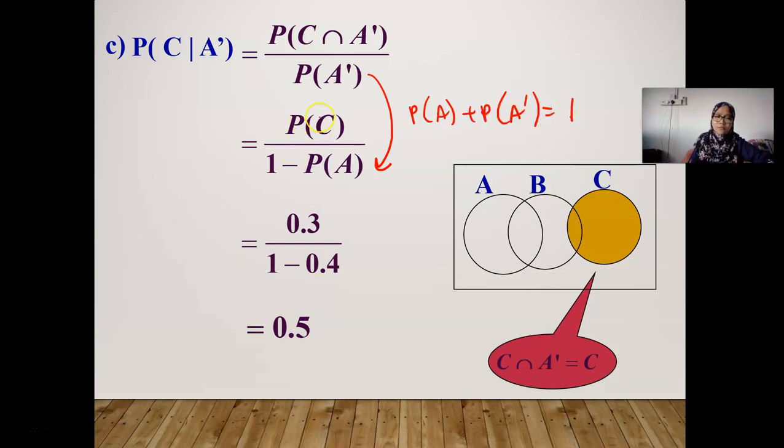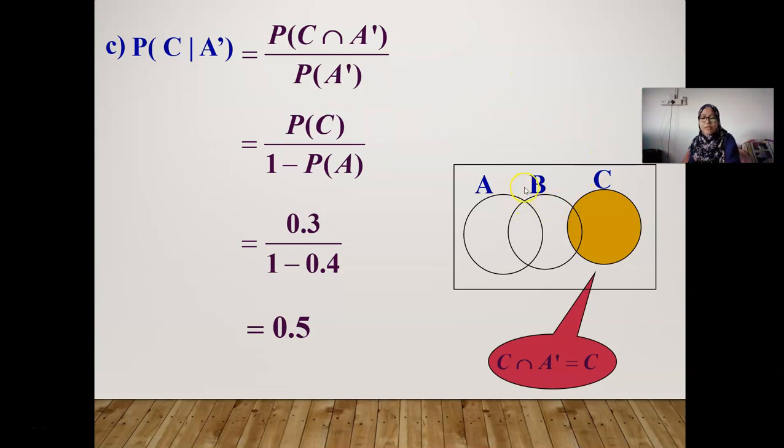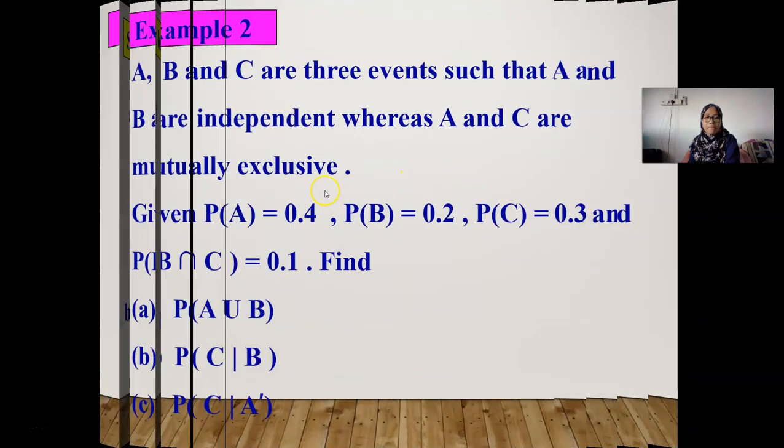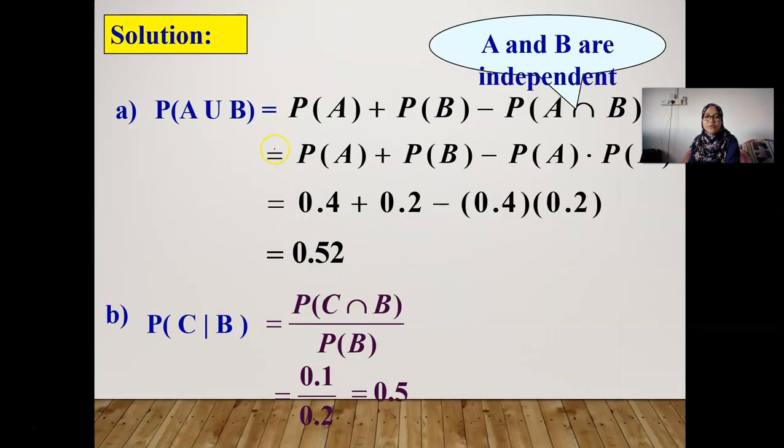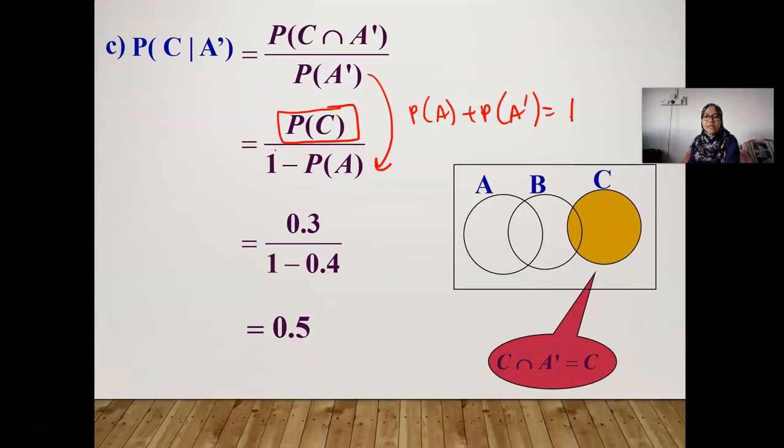So PC, macam mana dapat PC ni? From here, C intersect A prime. Because dia kata tadi apa? A and B are independent, A and C are mutually exclusive. Masih ingat tak mutually exclusive tu apa? Maksudnya A dengan C itu tidak overlap.